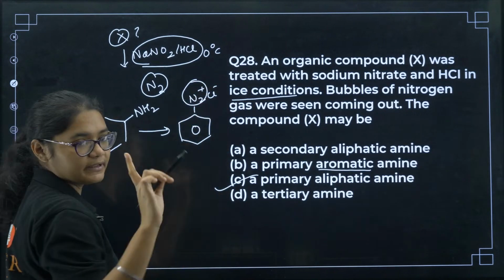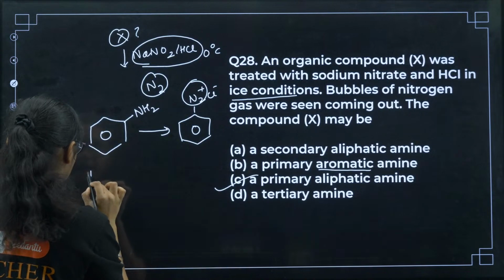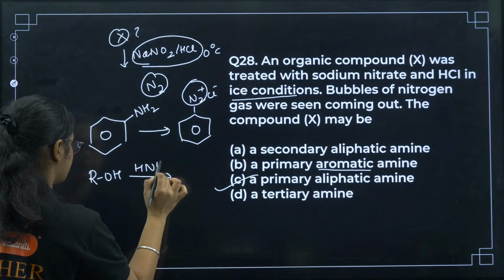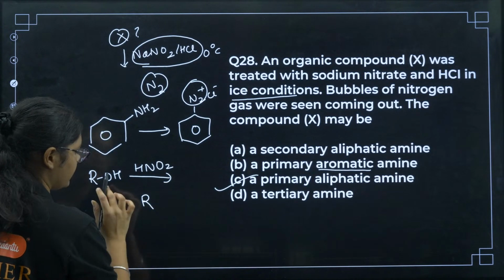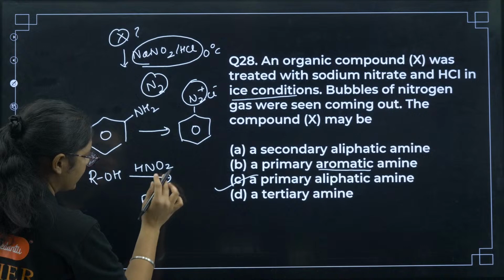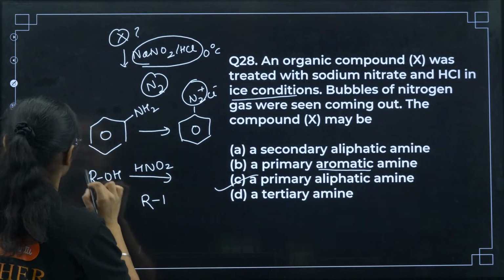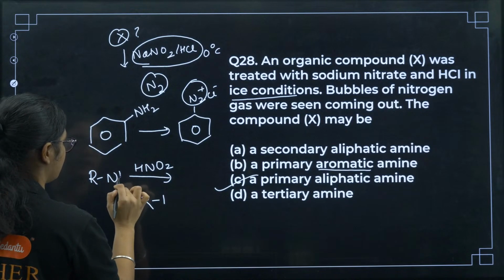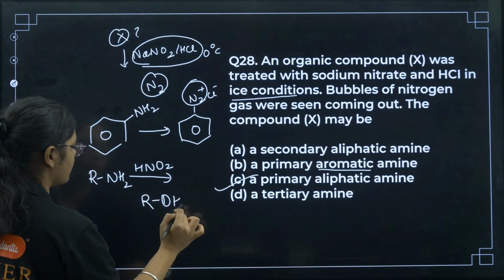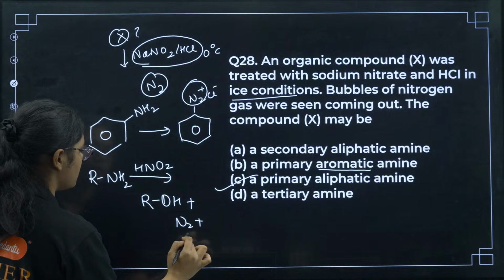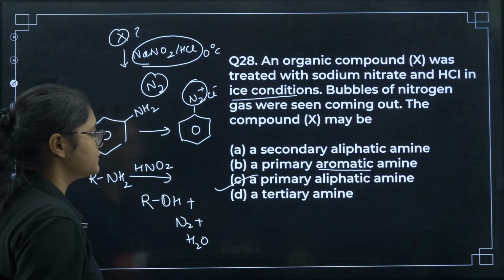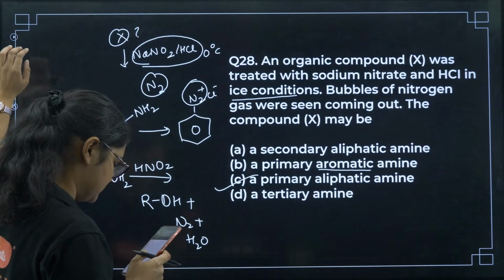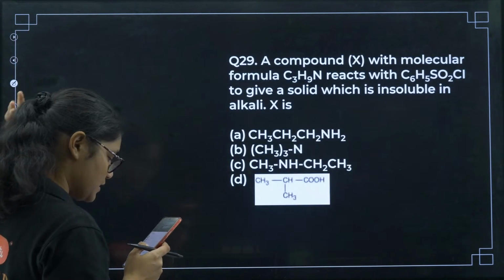N2 gas will not be evolving out. But if you take a primary aliphatic amine, that is RNH2, when you treat it you get ROH plus N2 plus water. So primary aliphatic amine is the correct answer. Yes, 28C is the correct answer, not B.